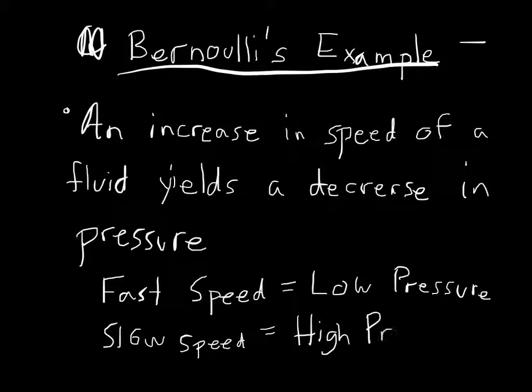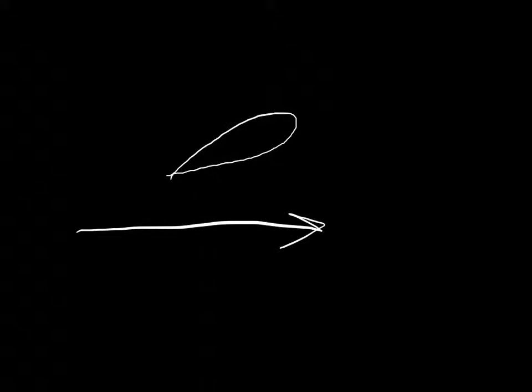The best example of this is in aerodynamics, aeronautics, in the lift of an airplane. So let's draw ourselves a nice little picture of an airplane wing. So here's our airplane wing. Our plane is moving along in this direction, and there's going to be air flying along this plane.